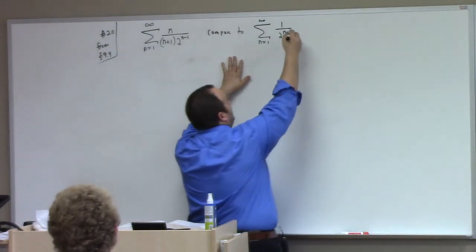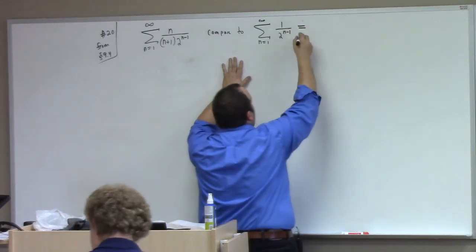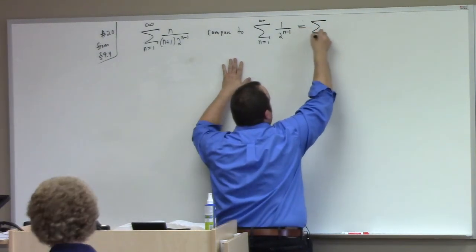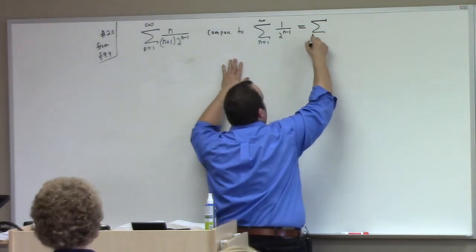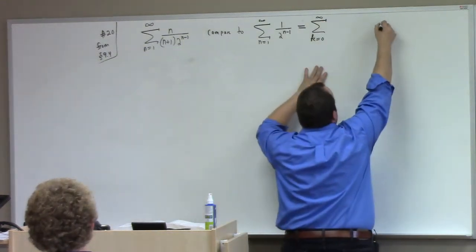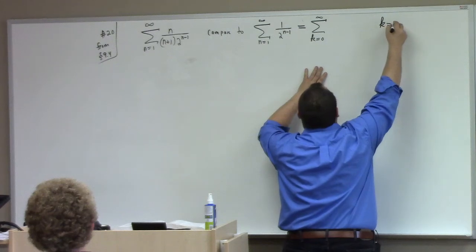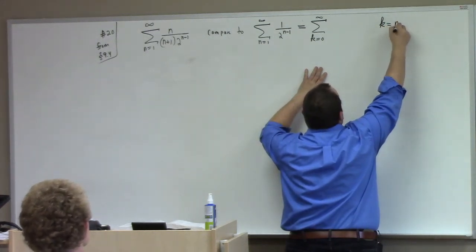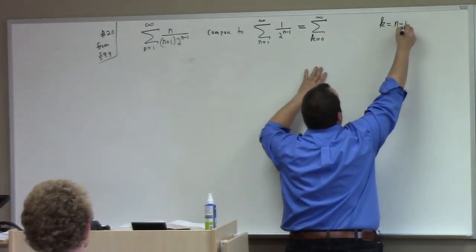Let me do it a little bit different here. How about if we rewrite this as the summation of, let's say, k equals 0 to infinity, and what substitution would I make? How about k equals n minus 1?